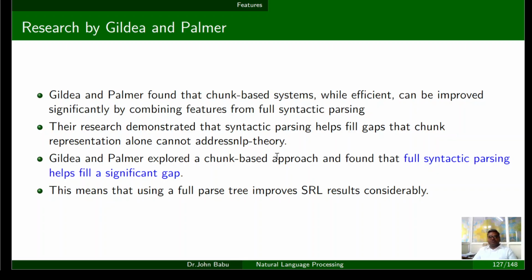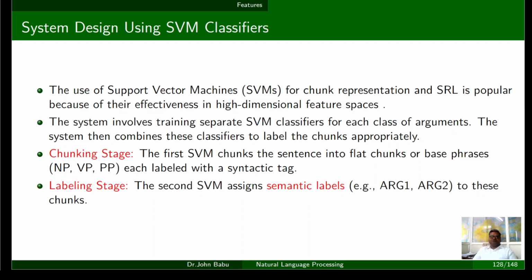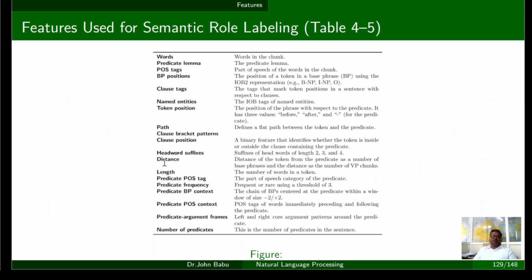The performance is obviously low, but they proposed that we can improve the performance of the SVM. When we use SVM for semantic role labeling with chunk-based parsing, there are two stages. One is the chunking stage, where we break the sentence into flat chunks, each labeled with a syntactic tag, noun phrase, verb phrase. In the second stage, the semantic labels are assigned to these: what is argument 1, what is argument 2, something like in PropBank.